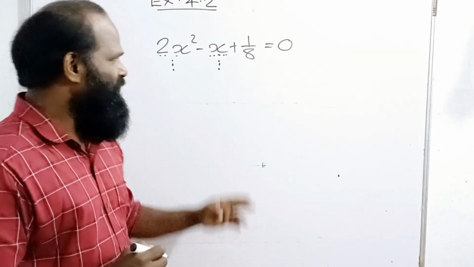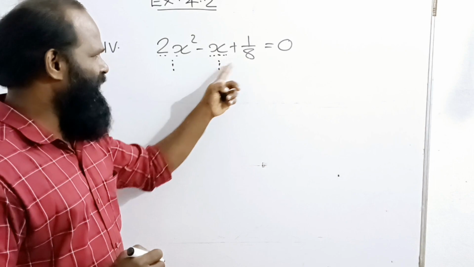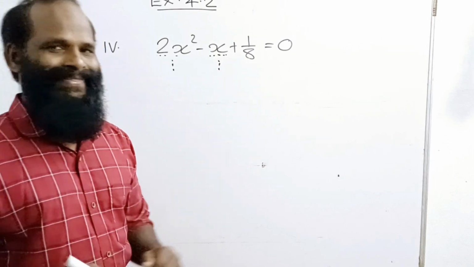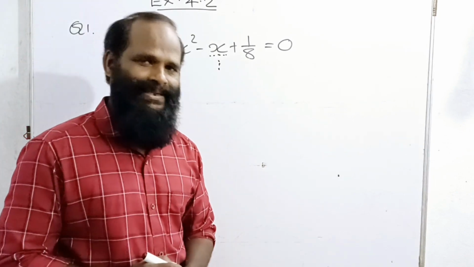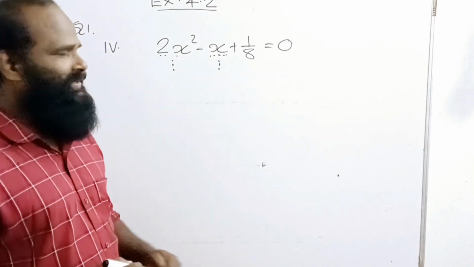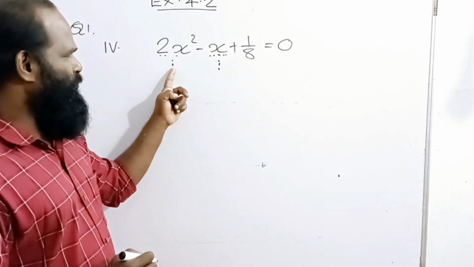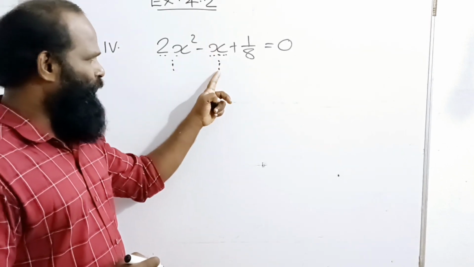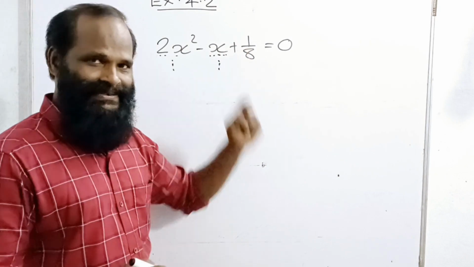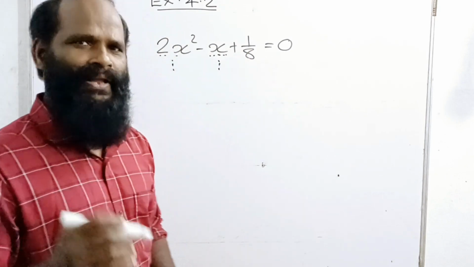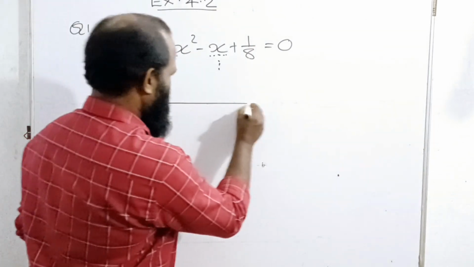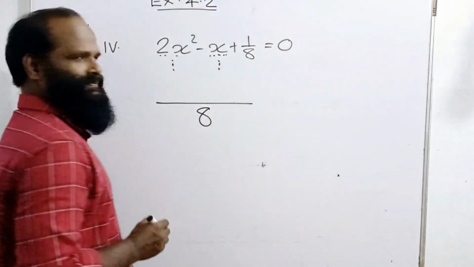First step is to make the denominator the same for all of them. That denominator is called the LCM of all these denominators. The denominator of 2x squared is 1, here it is 1 and here it is 8. Then the LCM of 1, 1 and 8 is none other than 8.